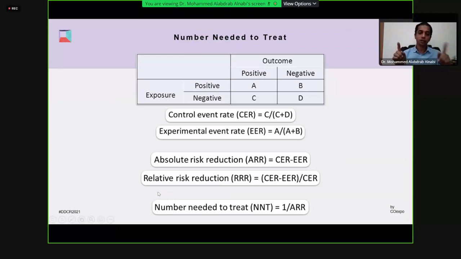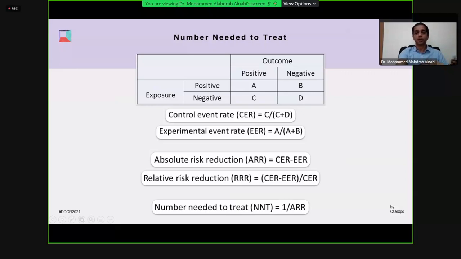And then you have the number. So each 1 patient you treat will have a reduction, will not have a stroke.